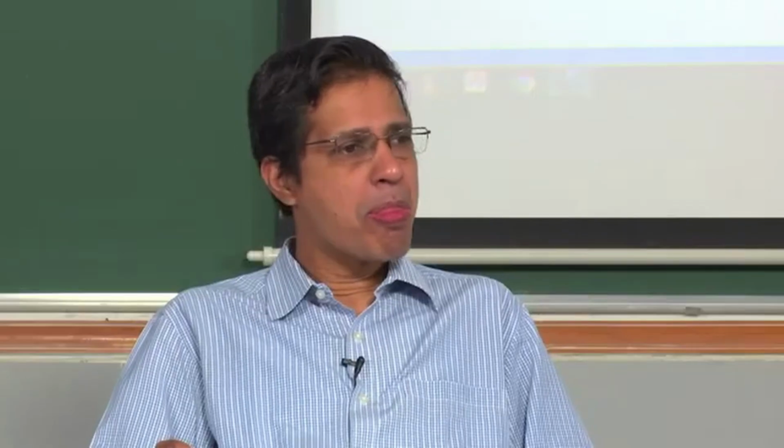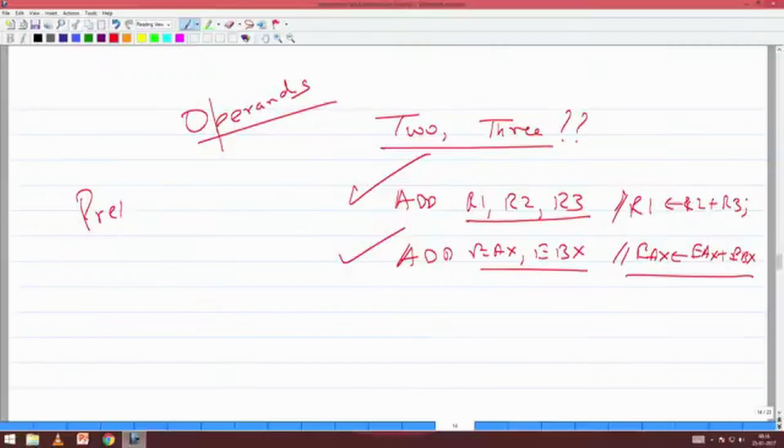If you want to preserve the original value, then you don't want to put the result back over it. So one thing is preserving original values. This allows you to preserve original values, while here one of the original values is lost.